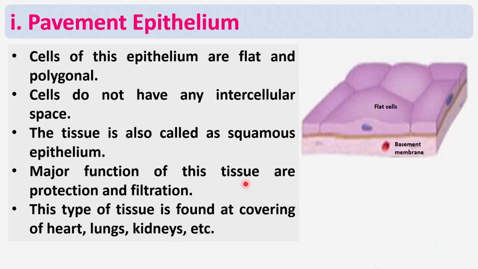There were mainly cubical, columnar, and what? Squamous. So squamous is that pavement. Yes, pavement, cubical, and columnar. And columnar and cubical modify into other forms also, about which I will tell you later.